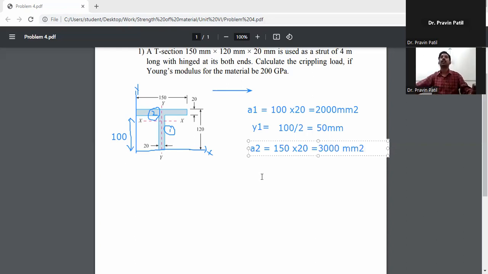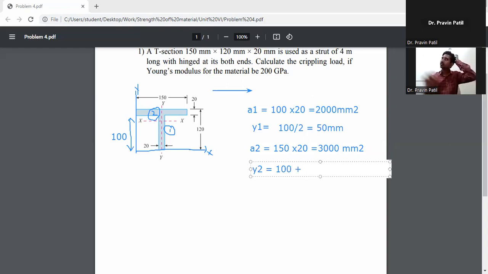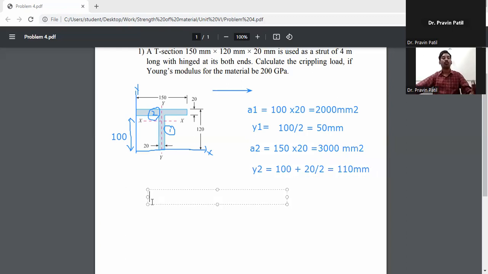Then next, Y2 is equal to 100 plus 20 by 2, which is 110 mm. So Y2 is 110 mm.